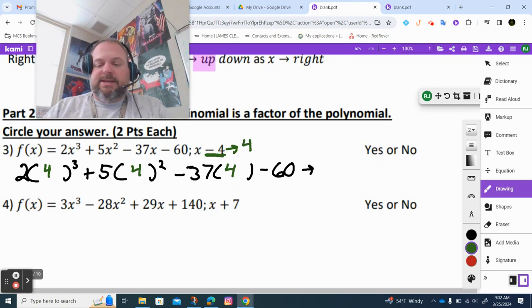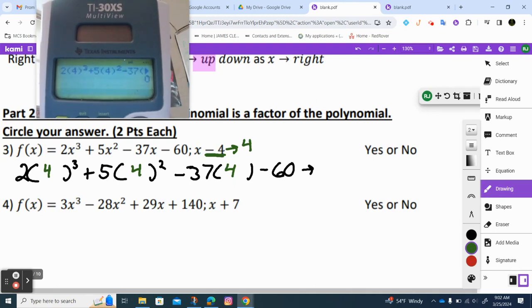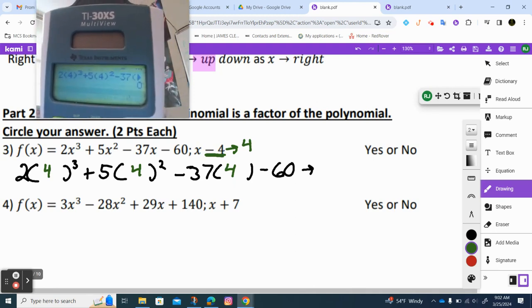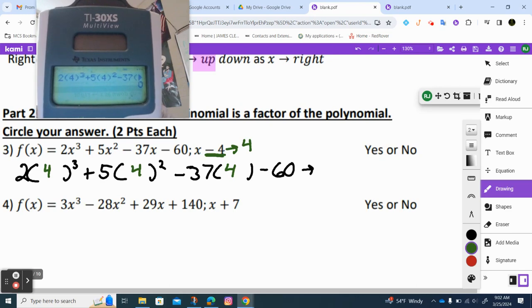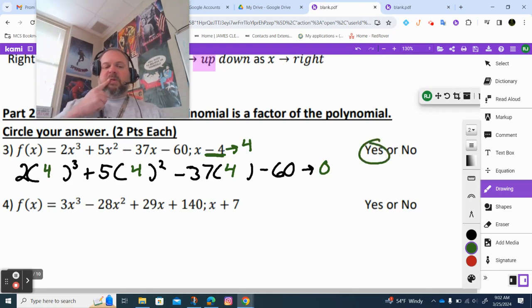I didn't put a plus sign. I told you. Listen, it's hard to maneuver these sausage link fingers, okay? Especially on a touch screen. We did get a 0. Yeah, I missed that plus between the 4 to the third, and the 5 right there. All right, so it is a 0. So we just circle yes.